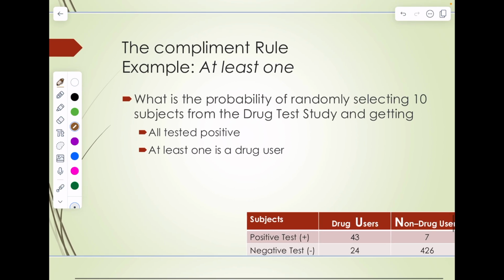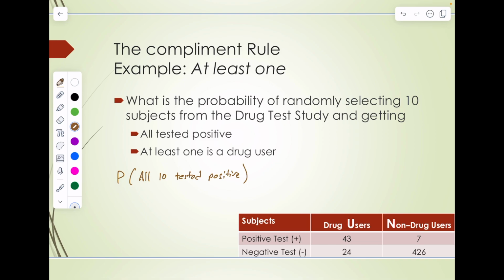Okay, the complement rule. So back to the complement rule, and here's an example of that. And this is the at least one usage. So what is the probability of randomly selecting 10 subjects from our drug test study and getting all tested positive? So probability, all 10 tested positive. So we are sampling 10 people, and we want to know the probability that all of them are positive.